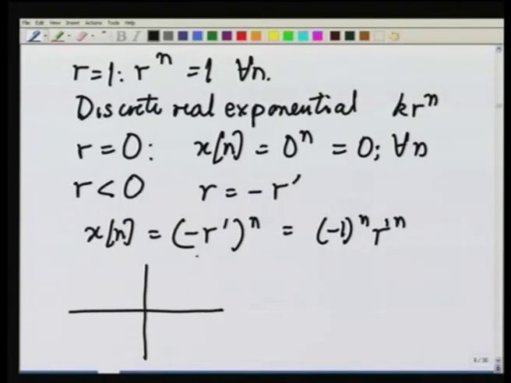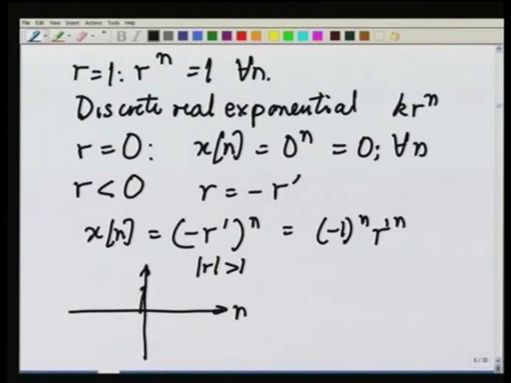when mod r is greater than 1, we would get, as before, an exponential that expands towards the right and shrinks towards the left, that is shrinks for negative n and expands for positive n for increasing n, but which has alternate samples inverted.